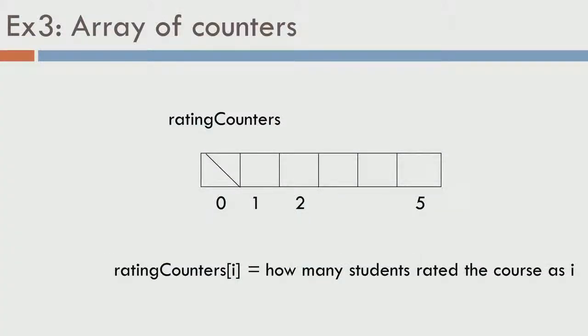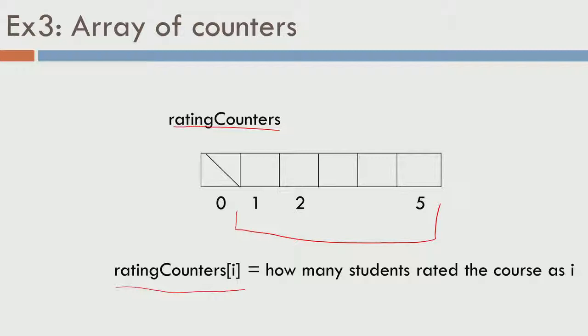I am going to maintain an array called rating counters. That is the array name that I am going to use, and I know that the valid ratings are 1 to 5. Right. So, I am going to have 1, 2, 3, 4, 5. I have 5 locations, and rating counters of i is going to maintain the record of how many students rated the course as i.